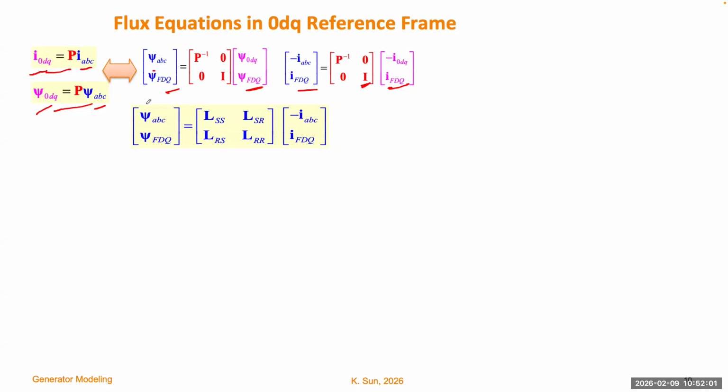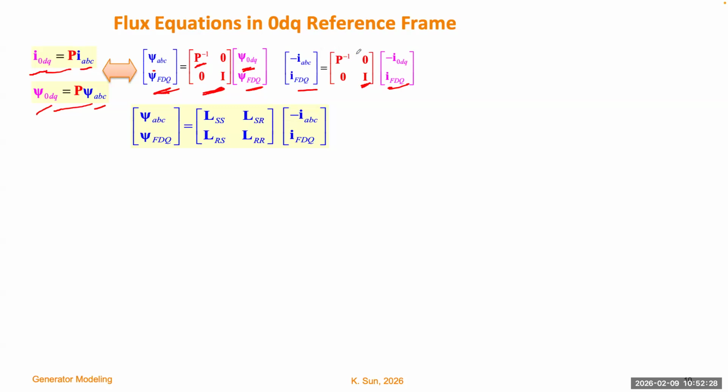Which means the original flux linkage vector is equal to the new flux linkage vector after applying this transformation. P inverse is here just to transform ABC to 0DQ, but P inverse transfers from 0DQ back to ABC.